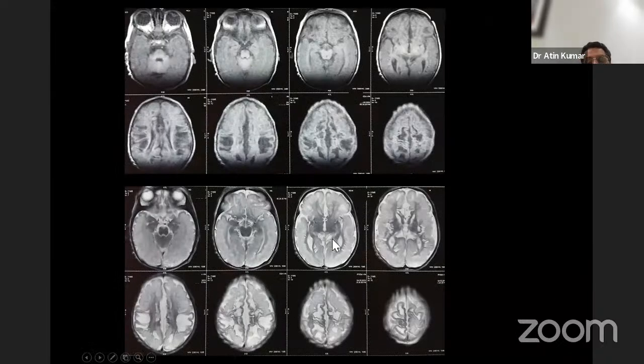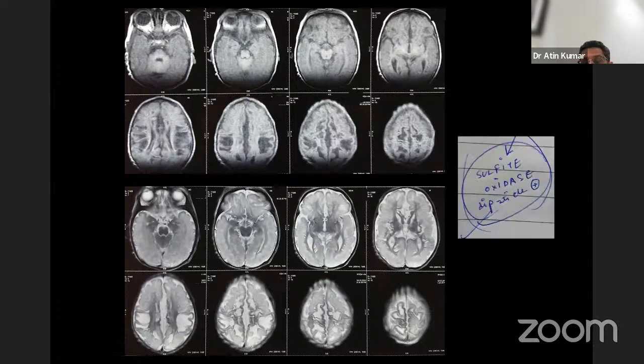Okay, this is another example. A similar case has been shown by Dr. Manisha. You see extensive cystic encephalomalacic changes involving the subcortical white matter as well as abnormality of the gray matter, and if you know by your history that this presentation was not exactly at the time of birth, but started 3-4 days down the line, and continuously the child gets worse over a period of time, you have to think in terms of a molybdenum cofactor deficiency or a sulfite oxidase deficiency.